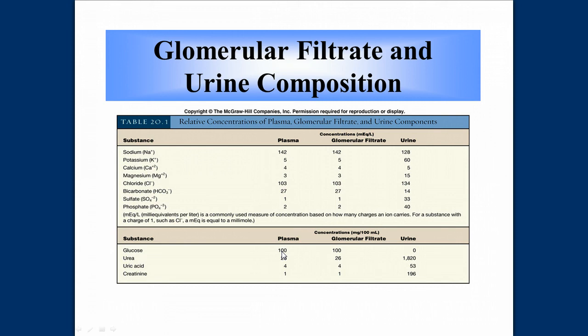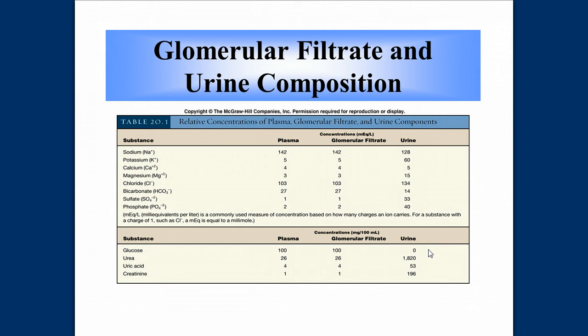Glucose is 100 in the plasma and in the glomerular filtrate, but usually you would not have glucose in the urine. Like I said before, you have a plasma threshold. Those carrier molecules in that active transport are carrying that glucose back to the bloodstream.